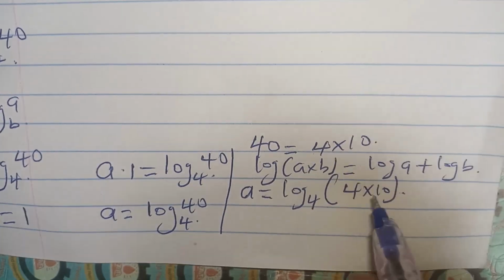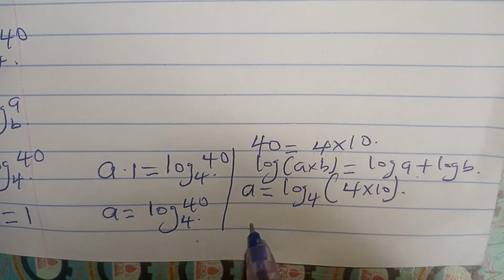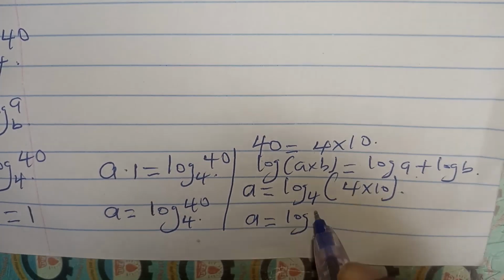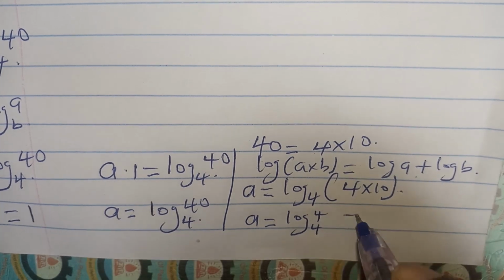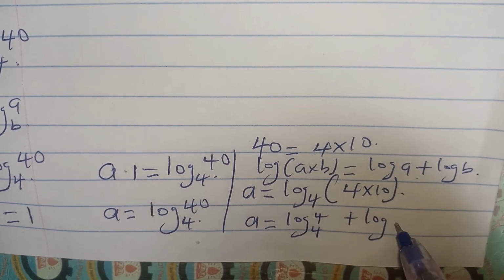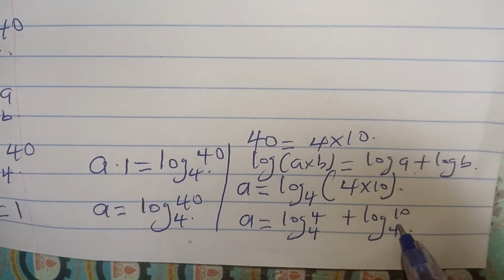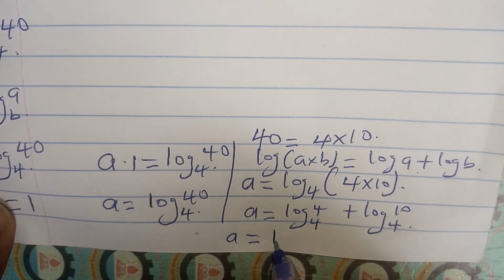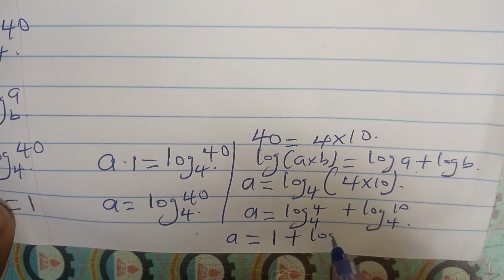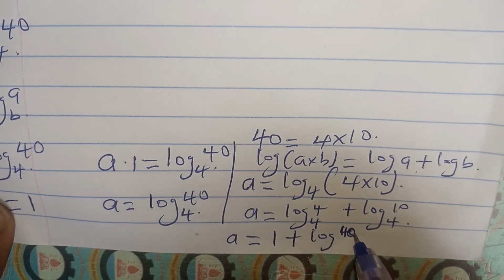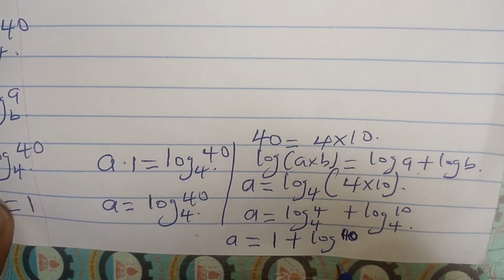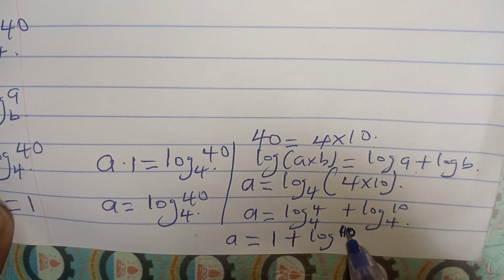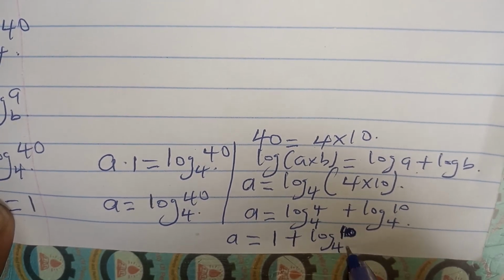So we have a equals log 4 to base 4 plus log 10 to base 4. So our a is equal to 1 plus log 10 to base 4.